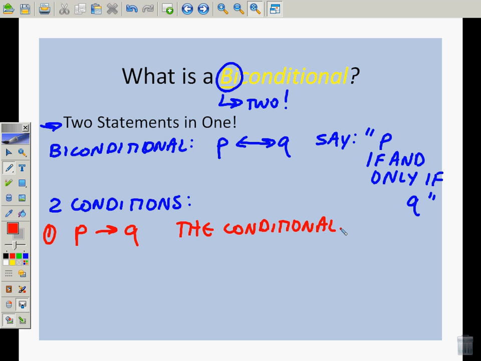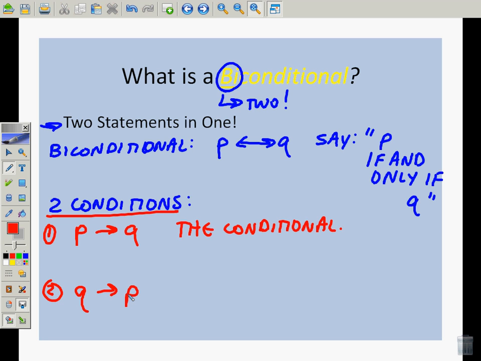Okay, so the conditional is one of those statements, one of the conditions. The other condition of the two conditions, remember, is Q to P, or if Q then P.